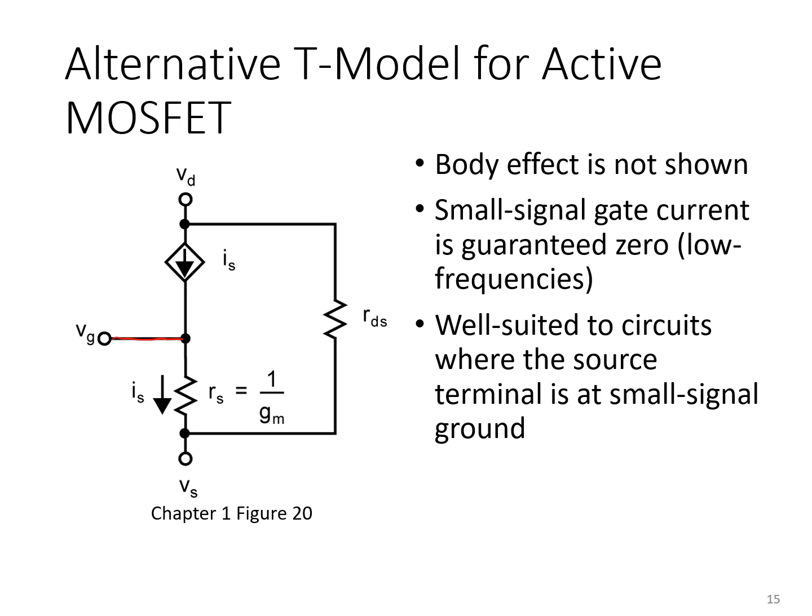But the model works out, and it's not inaccurate, because by construction, this value of RS is chosen so that the current down here is exactly equal to the current of the dependent source up here, which is equal to GM VGS.